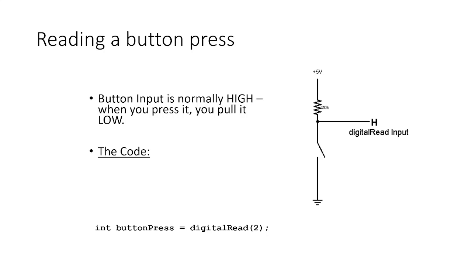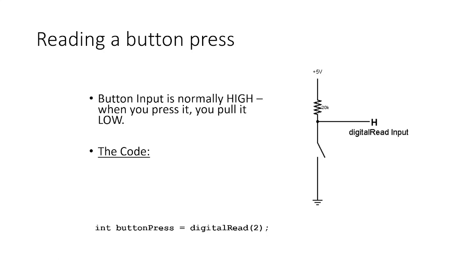We can create our case where the button input will be normally low, and when you press it, maybe if you release the button, it will go back to the default, which is the other one, the high state. So, for example, in this case, I don't know if you can see my screen. I think you can see my screen.